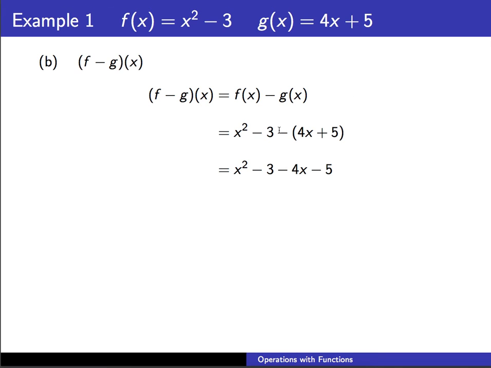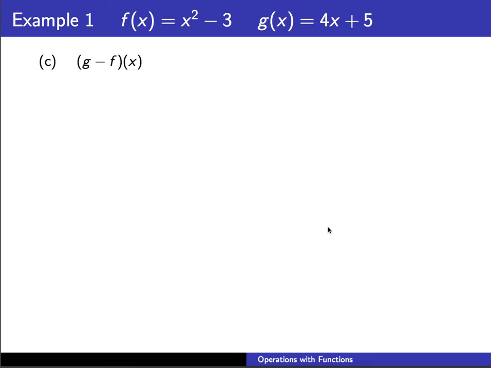So distributing that negative to both terms, we get x squared minus 3 and then minus 4x minus 5. So don't forget to distribute the negative. Combining your like terms, x squared minus 4x and then negative 3 minus 5 is negative 8. So we get x squared minus 4x minus 8.